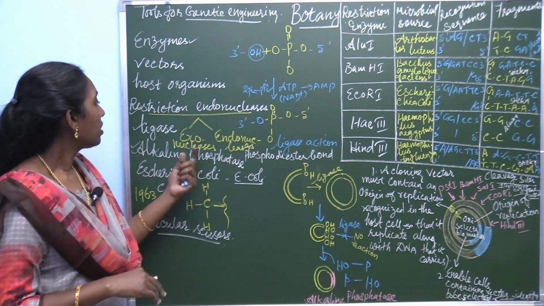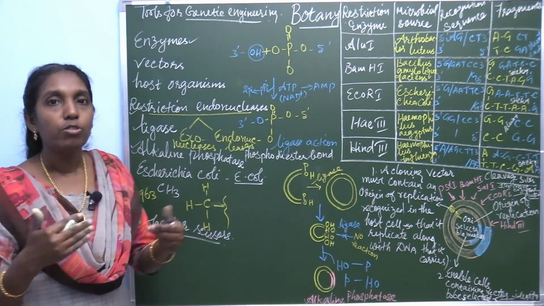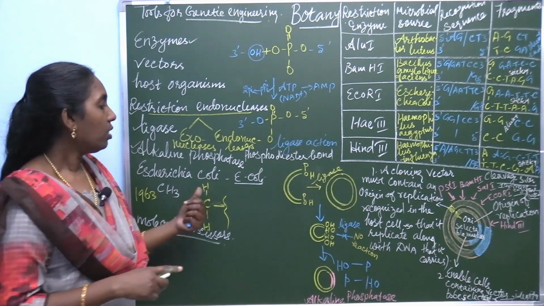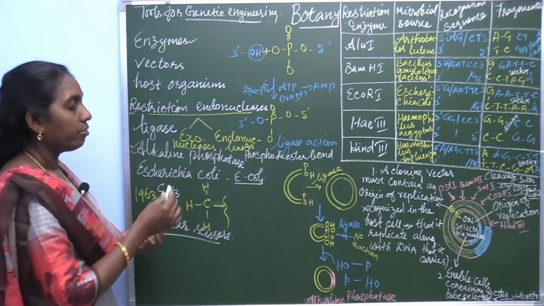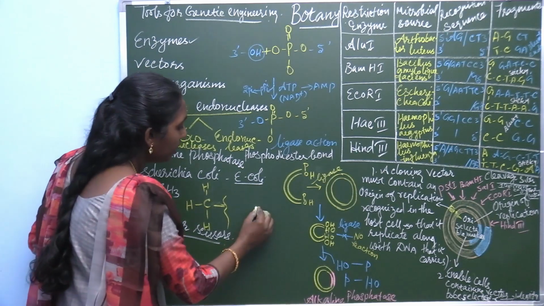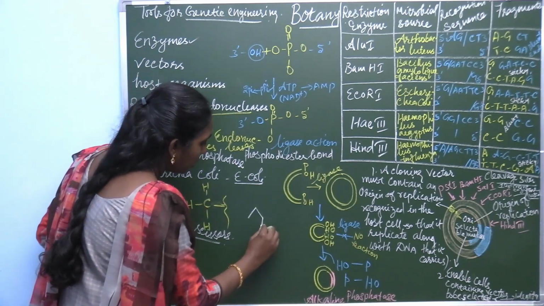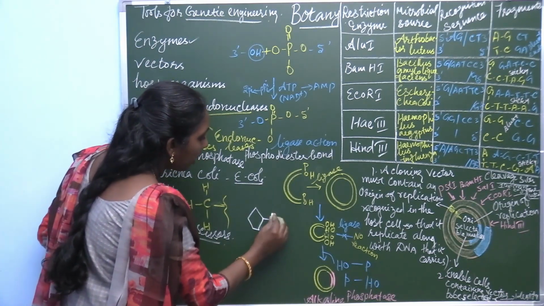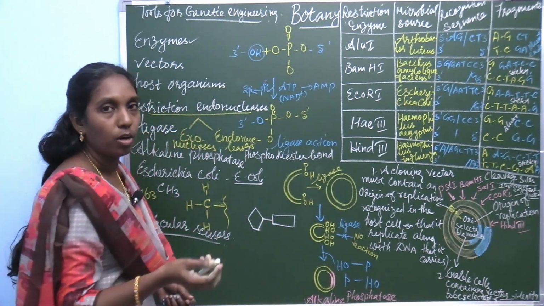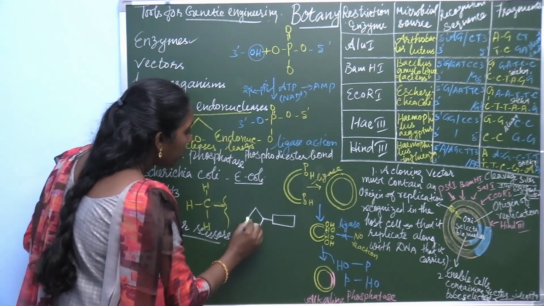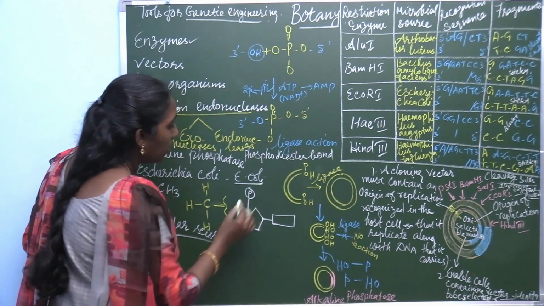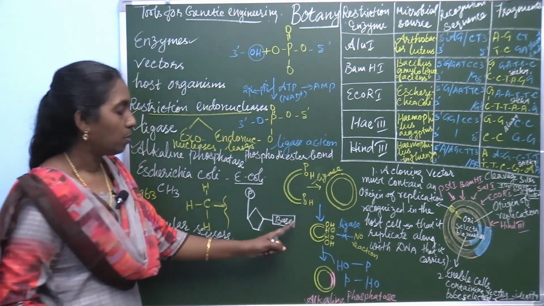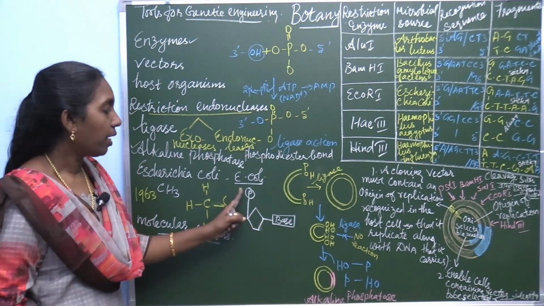Another enzyme is ligase. Ligase enzyme is used to join the sugar and phosphate group. A nucleotide consists of a nitrogenous base, sugar, and a phosphate group. The nitrogenous base, that is adenine, guanine, thymine or cytosine, is attached with sugar and phosphate group.